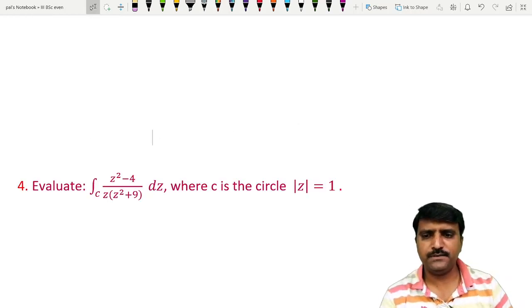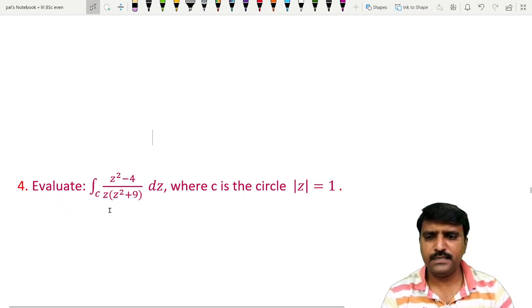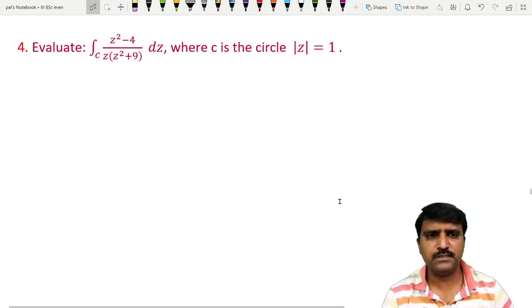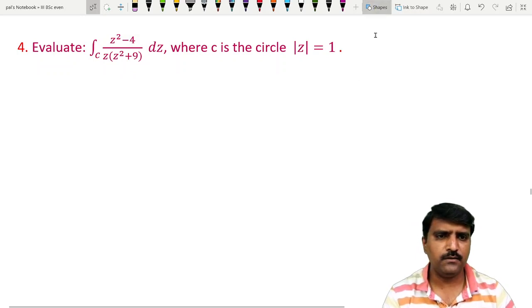See one more example of the same type. Integral of z square minus 4 divided by z into z square plus 9 dz, where C is the circle mod z is equal to 1. So that circle is mod z is equal to 1. I just draw that circle now.